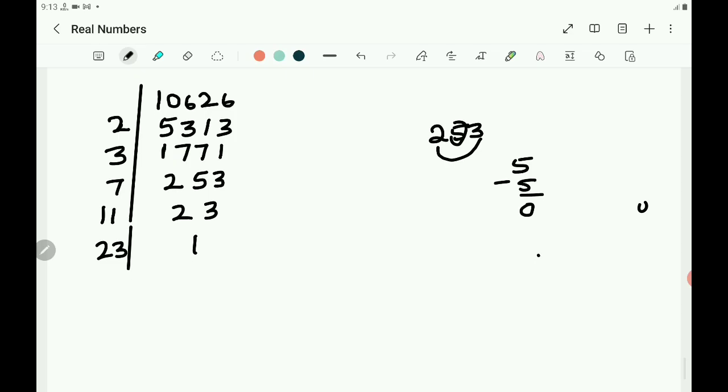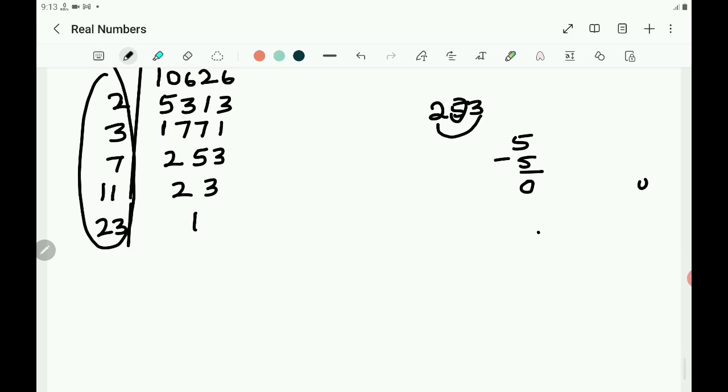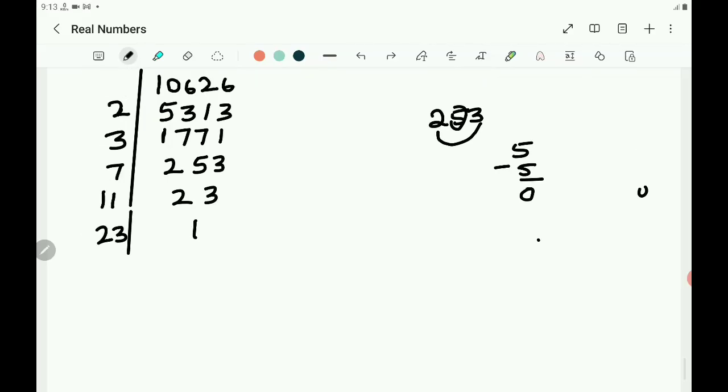So you got the factors 2 into 3 into 7 into 11 into 23. Then you write 10,626 equals 2 into 3 into 7 into 11 into 23.